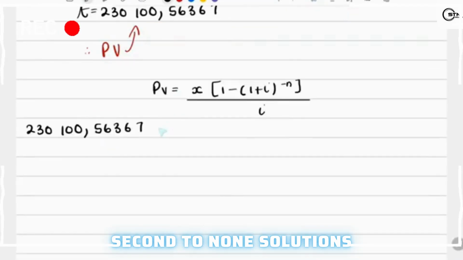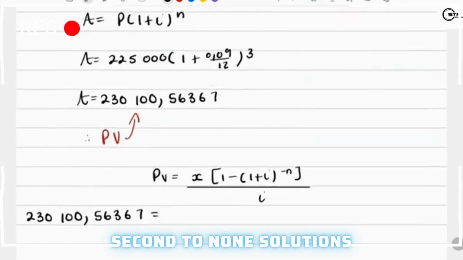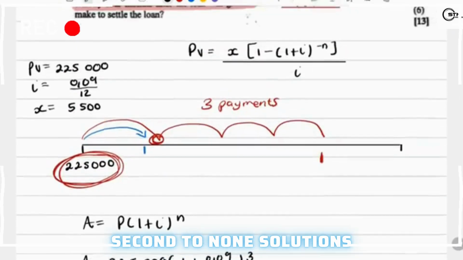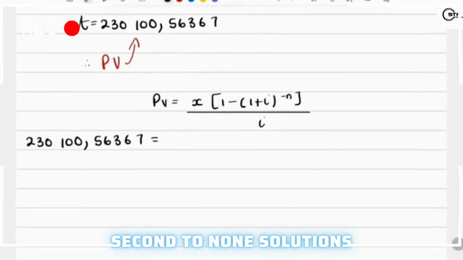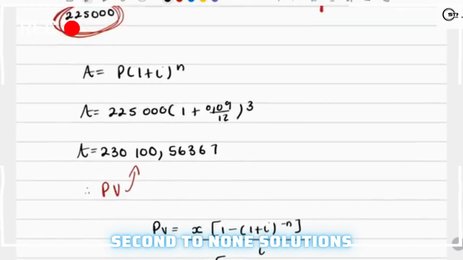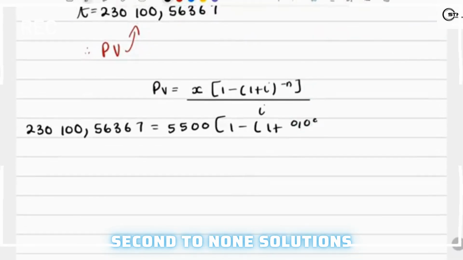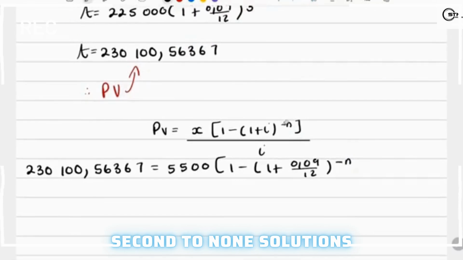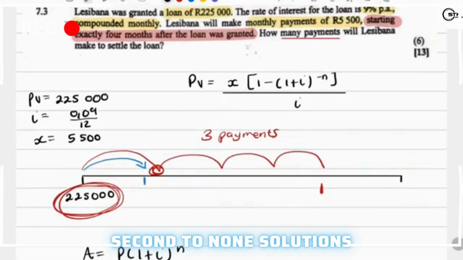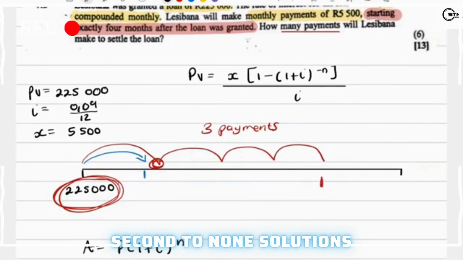So our present value is equal to the monthly payment of 5,500 times 1 minus 1 plus your interest, 0.09 over 12, raised to the power of negative n, because that's what we don't have. n is the number of payments.